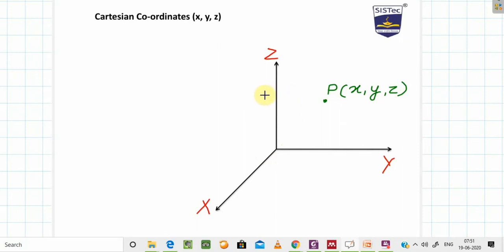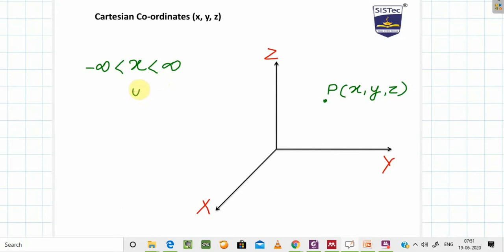Okay, now we shall discuss the range of variables. What will be the range of these variables x, y, and z? The range of x lies from minus infinity to plus infinity.